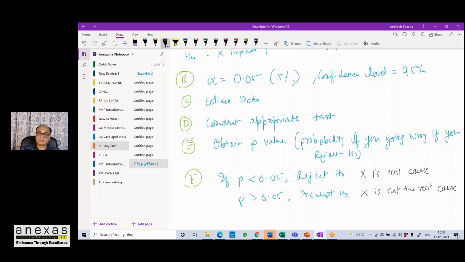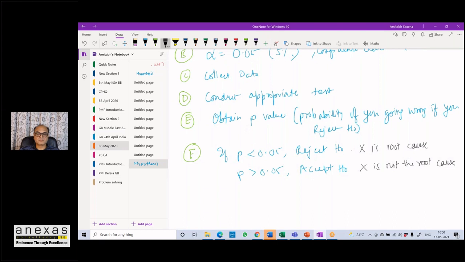That is your conclusion. Just remember, p is less than 0.05, reject null; p is greater than 0.05, accept null. I can also remember by using this two-liner, a poetry.